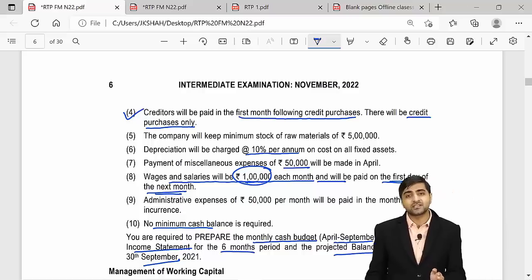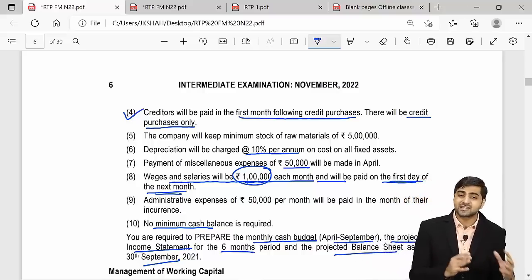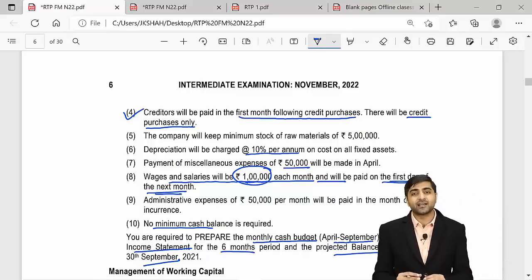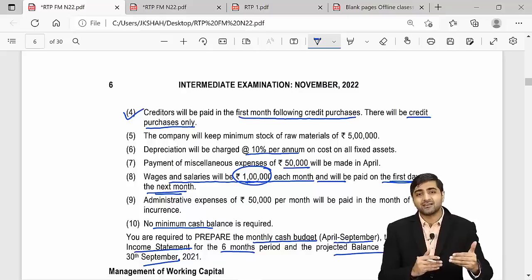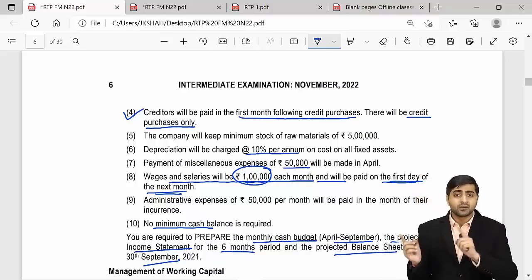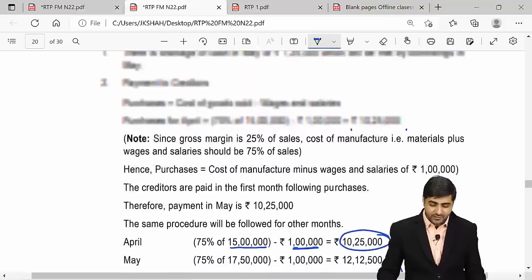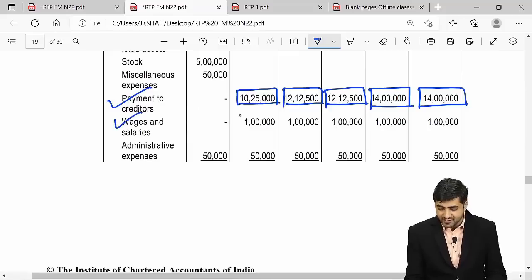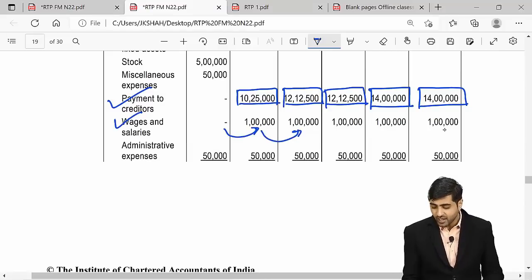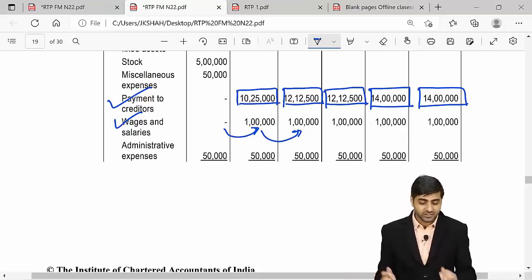Whatever is May month's wages, we are going to pay that in June. So wages every month is the same figure, 1 lakh, but it is paid with a lag of 1 month. April will be paid in May, May will be paid in June, and so on. You can check here what is going to happen with your wages and salaries, and that's how they have been taken into consideration.